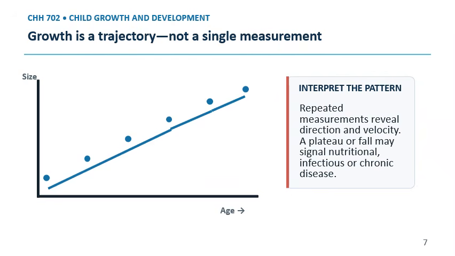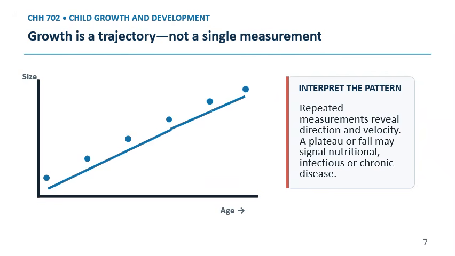Plotting error on the chart can create false concern, while careless measurement can conceal genuine faltering. Only after confirming data quality should we interpret biological and environmental causes. This is why accurate measurement, correct age, appropriate reference standard, and serial plotting are essential.